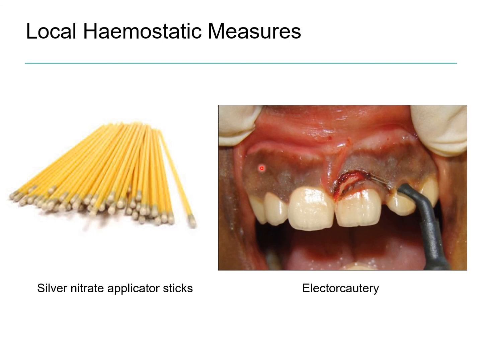A more handy way might be use of silver nitrate sticks, which you simply pick one of these, stick it into the gingival soft tissues where there is bleeding, and that is going to chemically cauterize the tissue with silver nitrate, and that would minimize bleeding. So these are just the options. How frequently you're going to use them, probably not very frequently, but so that you're aware. And then also laser light can also be used to minimize bleeding from the gingival soft tissues.